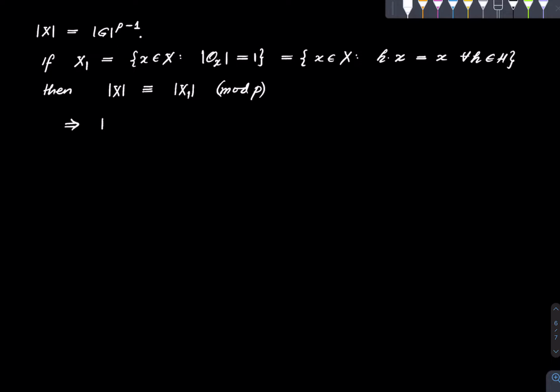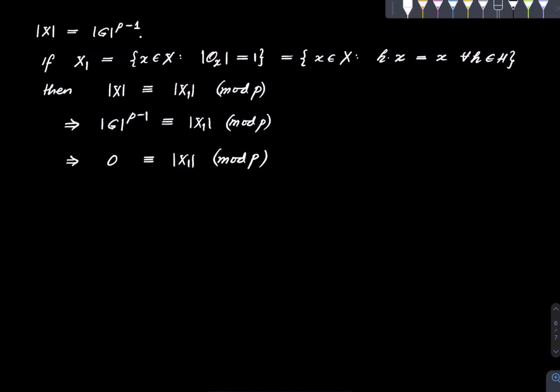Cardinality of X is this. But p divides the cardinality of G, and hence this is also divisible by p, which implies 0 is congruent to that guy.